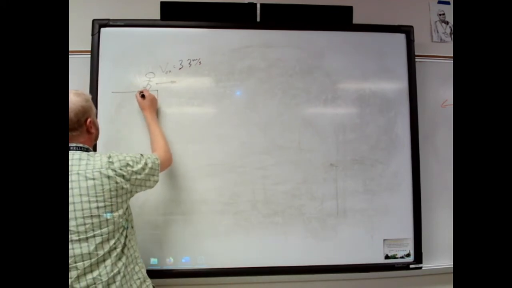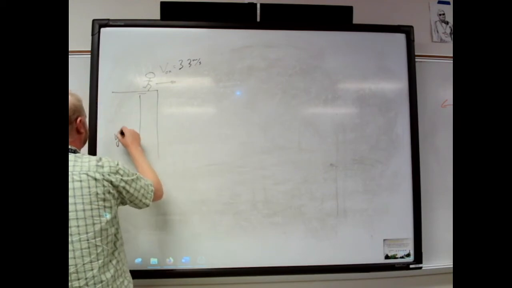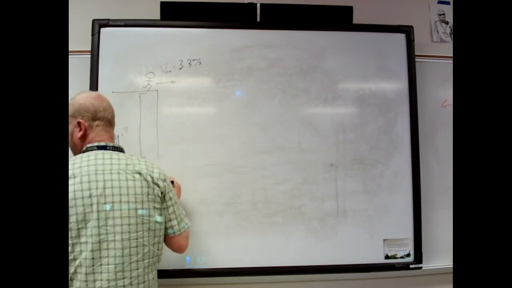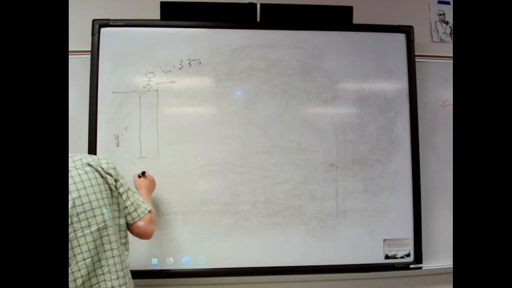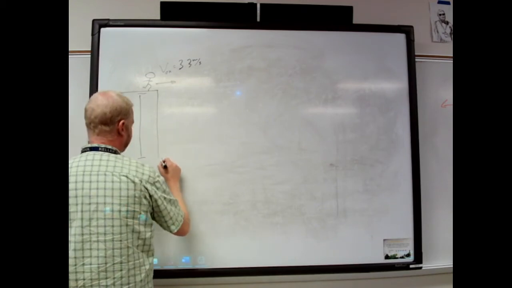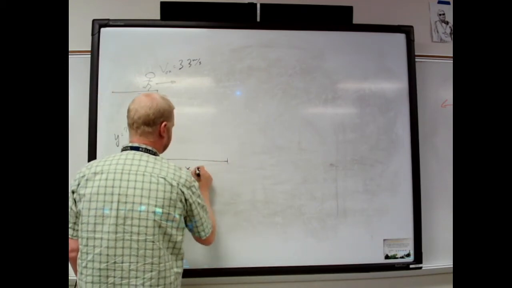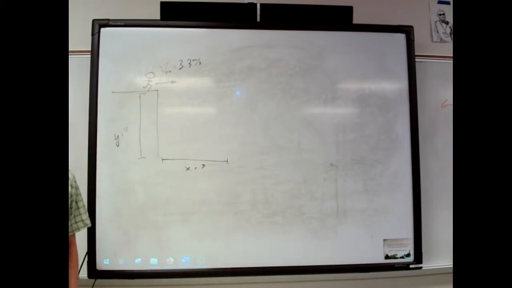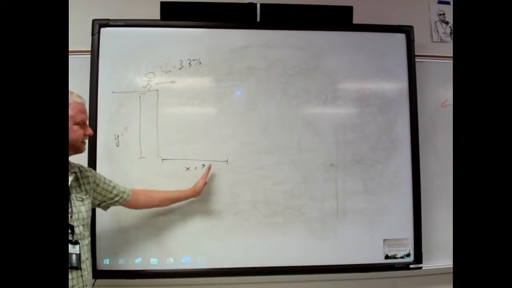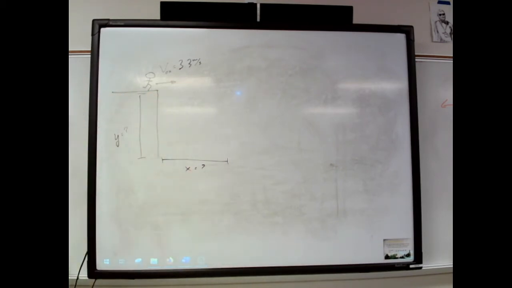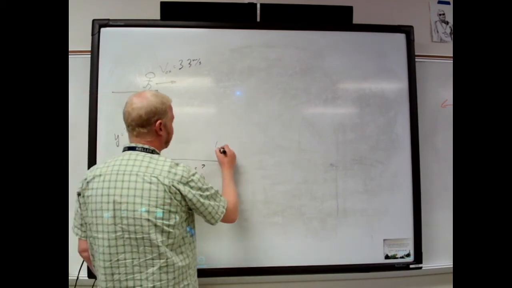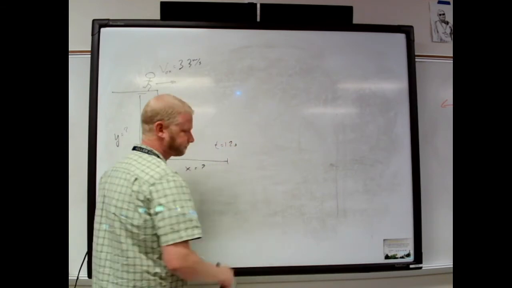We want to know how high this cliff is and how far out he lands. So notice we've got two different distances now. We've got a vertical distance and we've got a horizontal distance. And the time it takes for him to hit the water is 1.2 seconds.